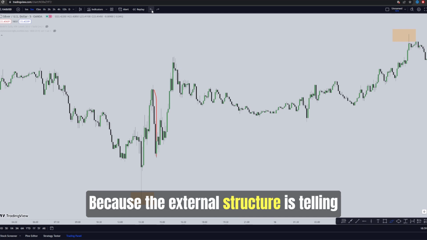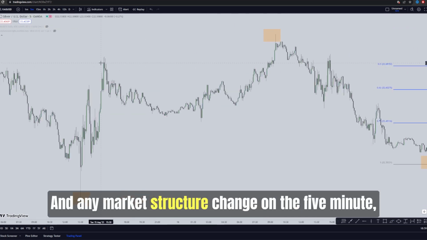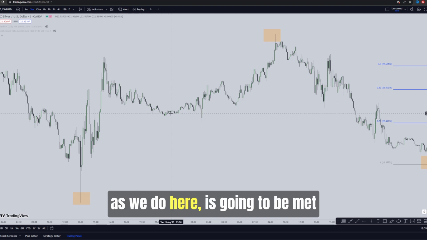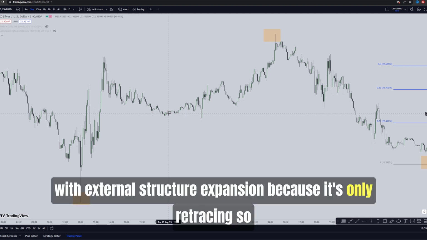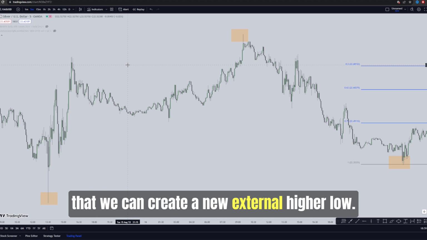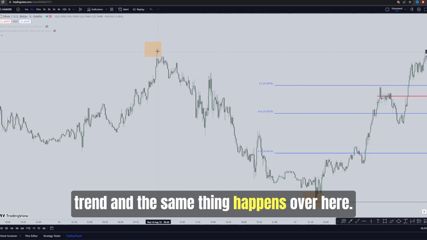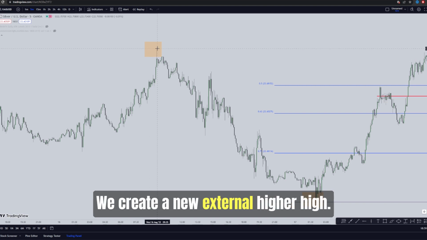Because the external structure is telling you that we're now bullish, and any market structure change on the 5 minute, as we do here, is going to be met with external structure expansion, because it's only retracing so that we can create a new external higher low in this case, because we're looking at a bullish trend. And the same thing happens over here. We create a new external higher high.